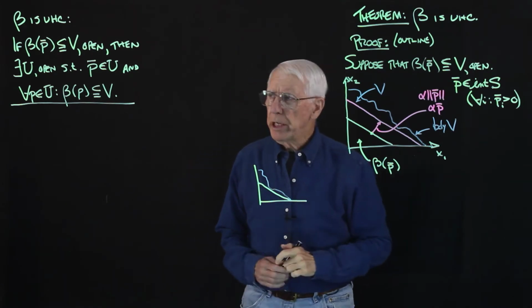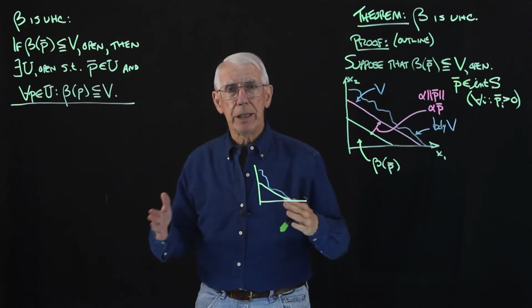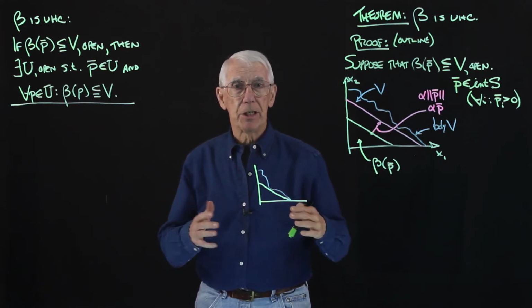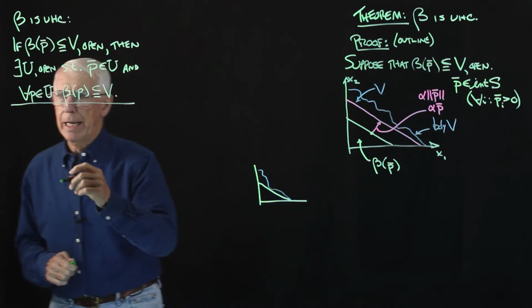Well, first thing, we're going to need a definition of distance between a pair of sets, and that's going to be something that will show up a couple or 3 times in the proof. So let's write that down here.